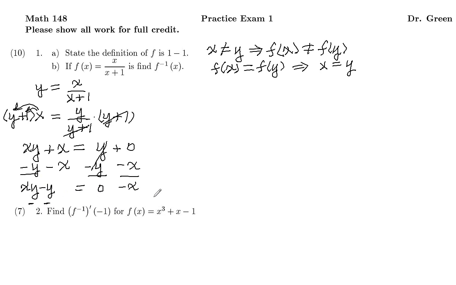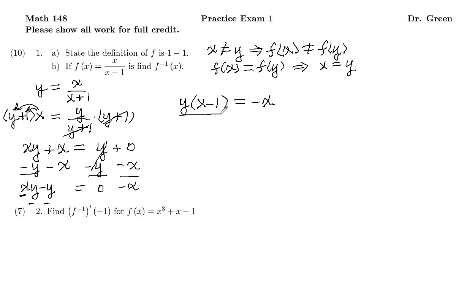We've got our y terms on the left, x terms on the right, so let's factor out that common y. If you factor that y out, this x is left here, and factoring a y out of the other term leaves a negative 1. So y times x minus 1 is equal to negative x.